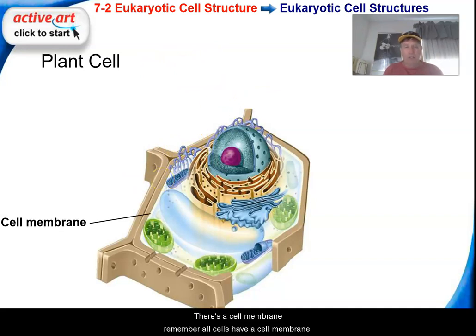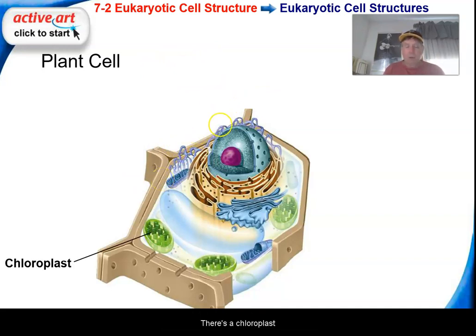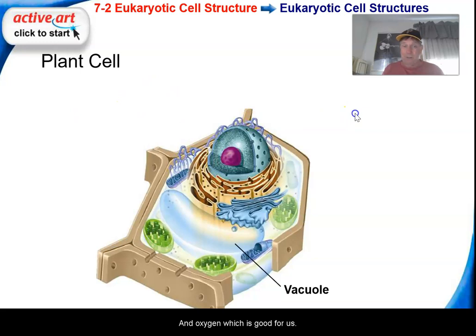Remember, all cells have a cell membrane. There's a chloroplast. Animal cells don't have that. Chloroplast is involved with photosynthesis, where the plants take carbon dioxide, water, and sunlight and turn it into sugar and oxygen, which is good for us.